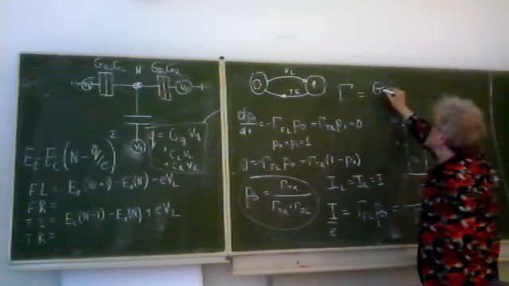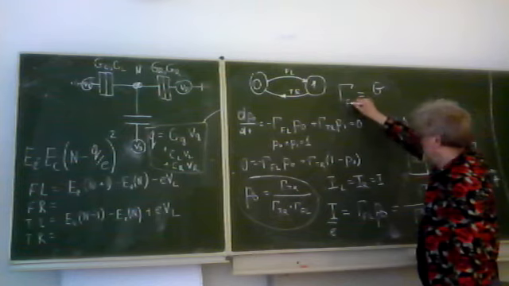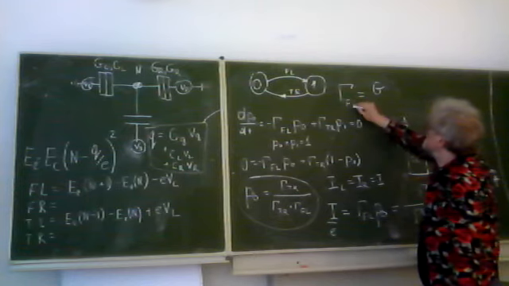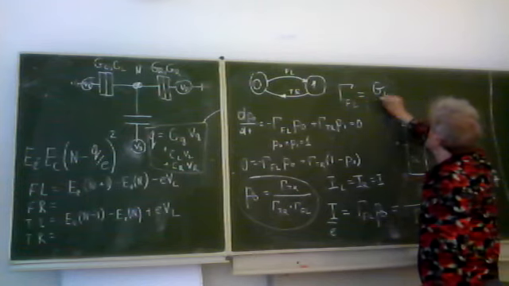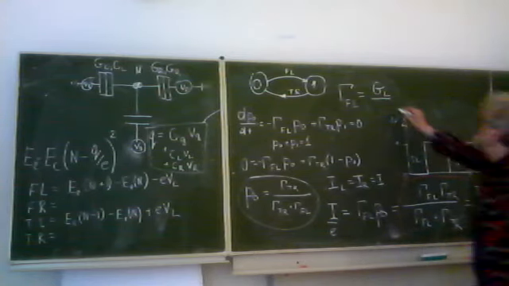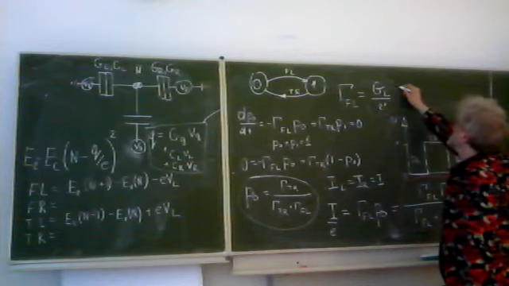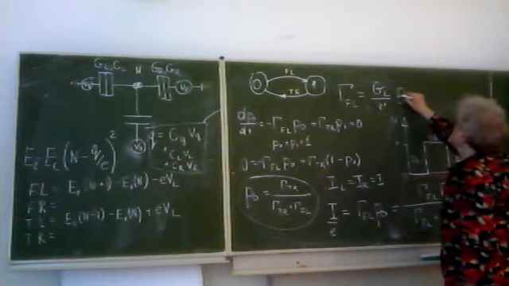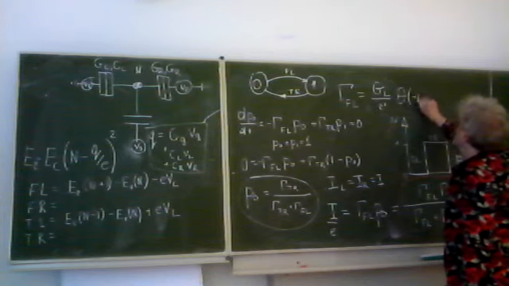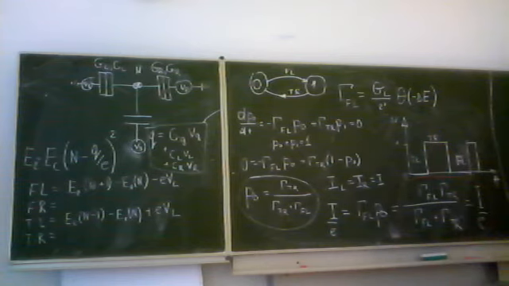Let me write it for the left: conductance of the left junction divided by E squared, and the energy difference must be negative for the rate to be nonzero.